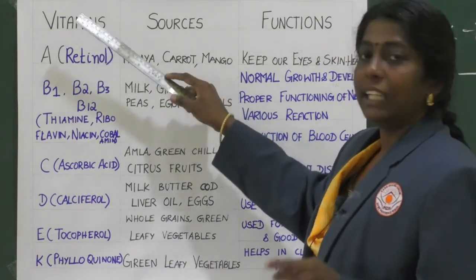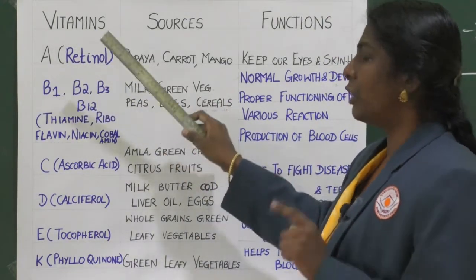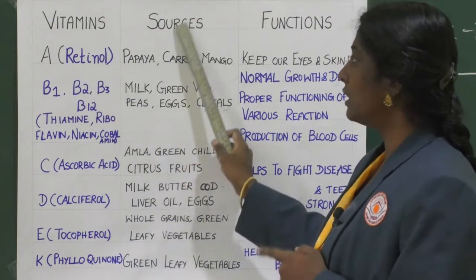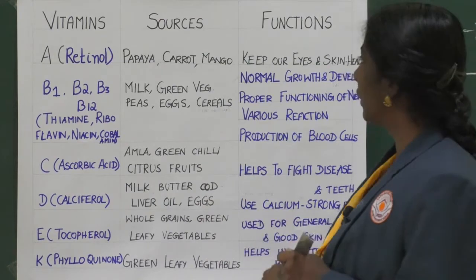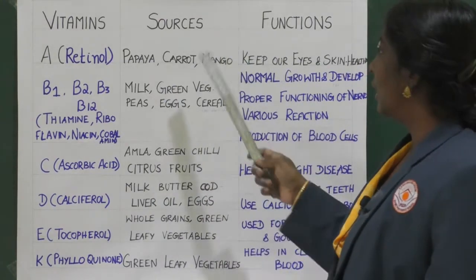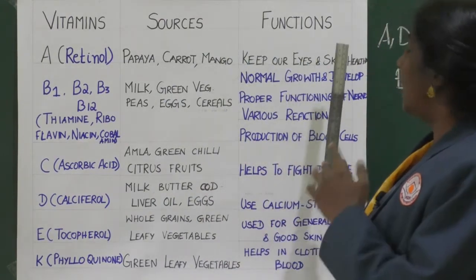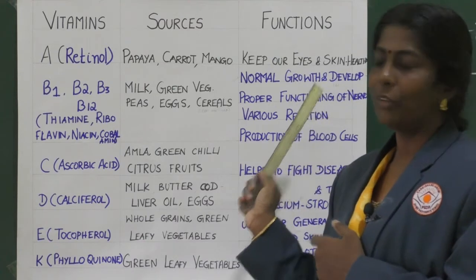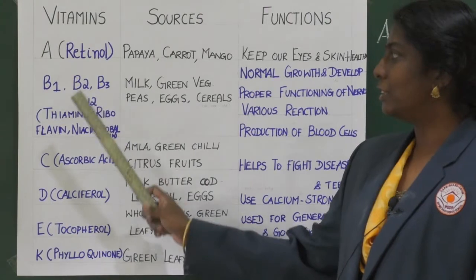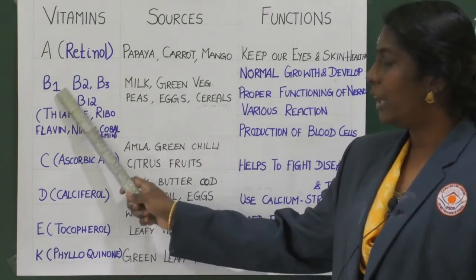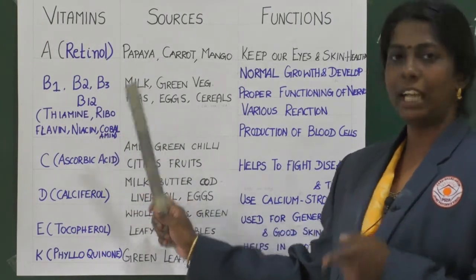Vitamin A is otherwise termed as retinol. Its sources are papaya, carrot and mango, and its function is to keep our eyes and skin healthy. Now the second vitamin, vitamin B: B1, B2, B3 and B12.